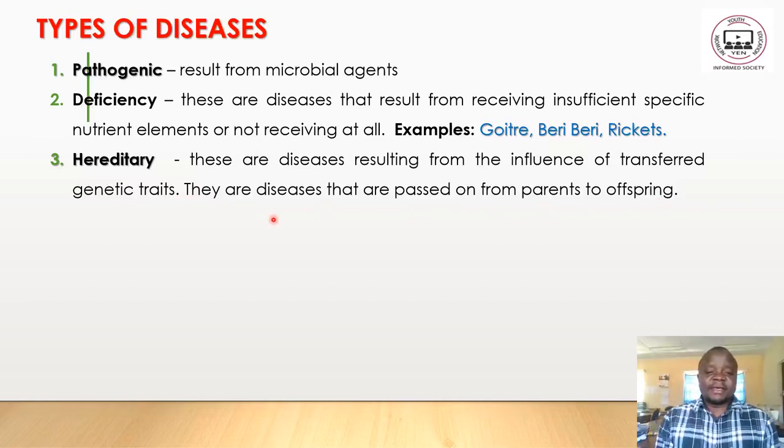It's through gene mutation that we can actually inherit these diseases. For example, sickle cell anemia is a genetic disorder that can pass to the offspring. So that one is an example of a hereditary disease.